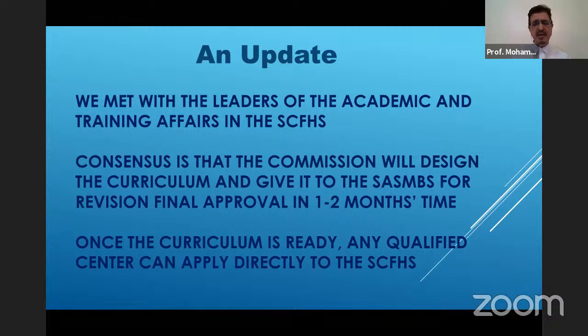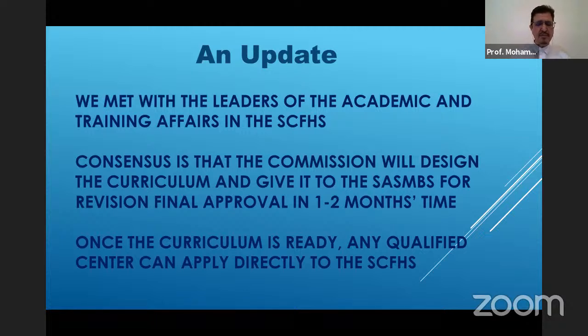Once the curriculum is ready, any qualified center that fits the criteria can apply directly to the Saudi Commission for Health Specialties. So it is just a matter of changing roles a little bit, but there is a collaboration between the Saudi Commission for Health Specialties, which is mimicking the Royal College of Physicians and Surgeons in the UK or in Canada, and our society, SASMBS, which will also be collaborating with them to put the curriculum and the program together.